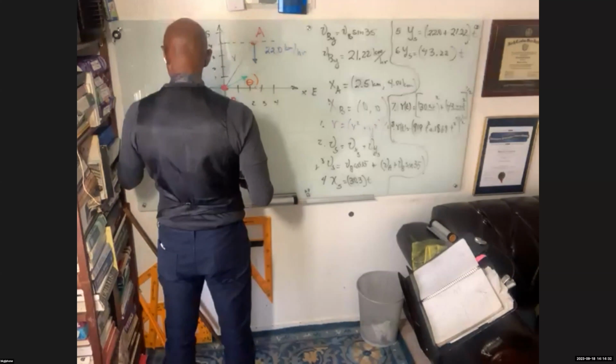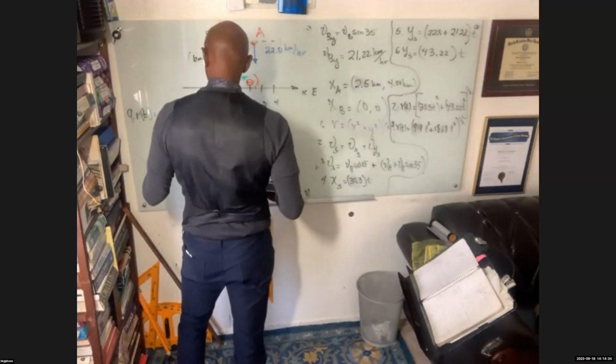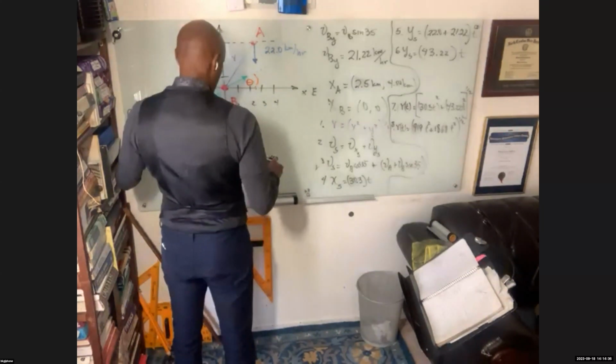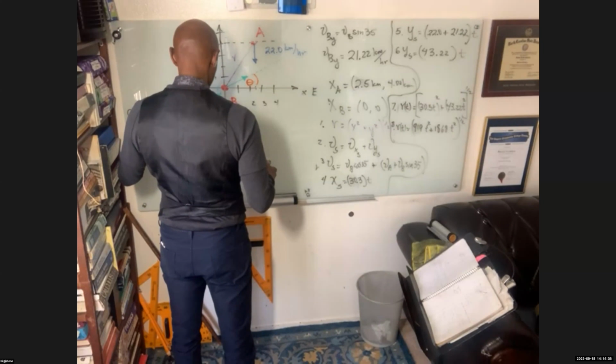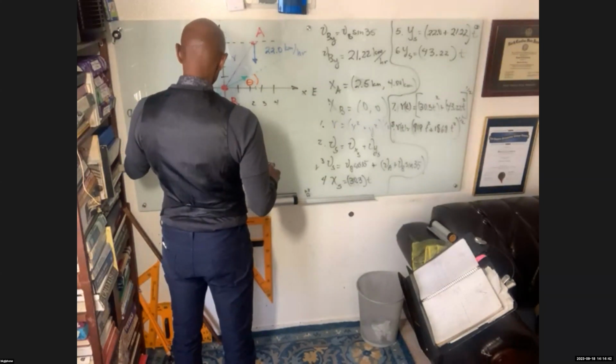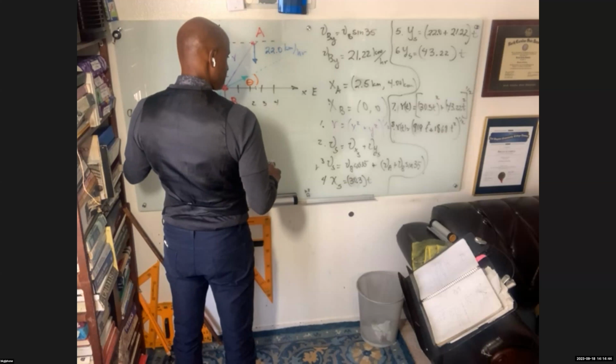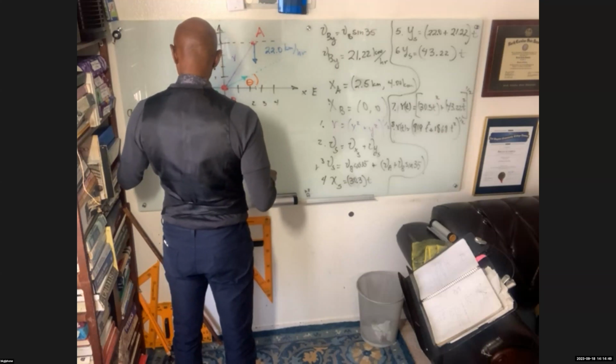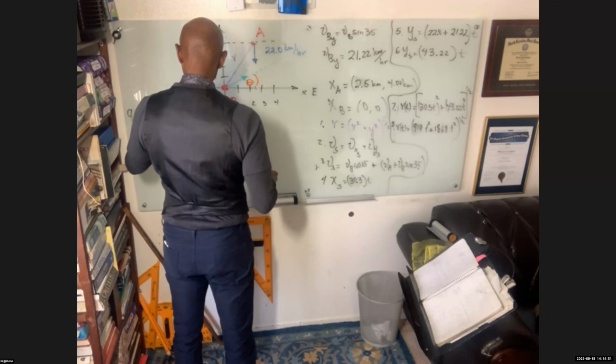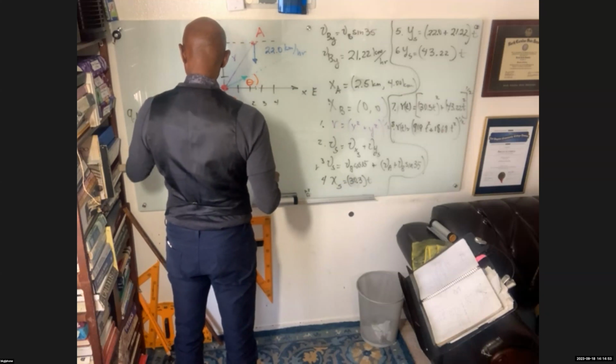R of T is equal to 2786 quantity t squared and all of that to the 1/2 power, right?